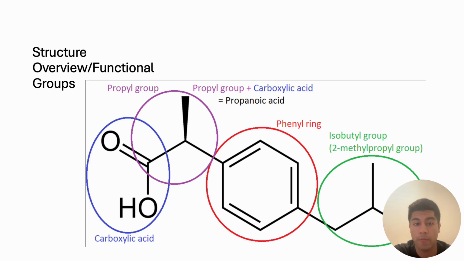And third, we have an isobutyl group, which is also known as a 2-methylpropyl group, and that's attached to the phenyl ring. Finally, we have a methyl substituent on the alpha carbon, which is next to the carboxylic acid group. The carboxylic acid and the propyl chain form the propanoic acid backbone of the molecule. So these functional groups come together to explain both the solubility and the biological activity of ibuprofen.